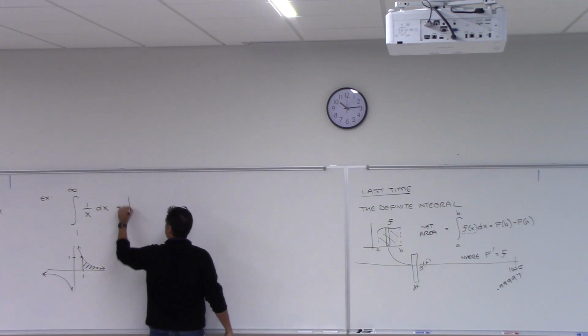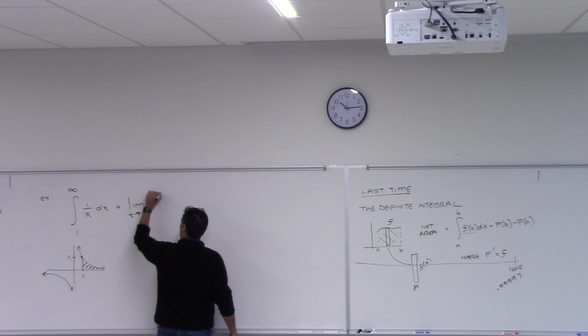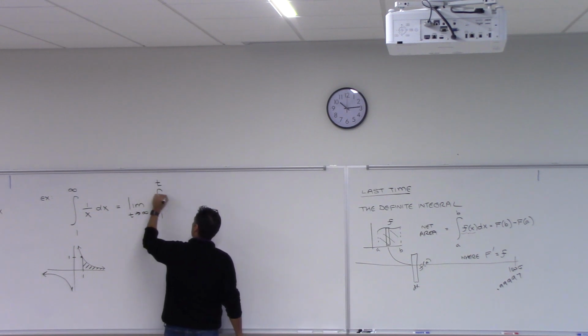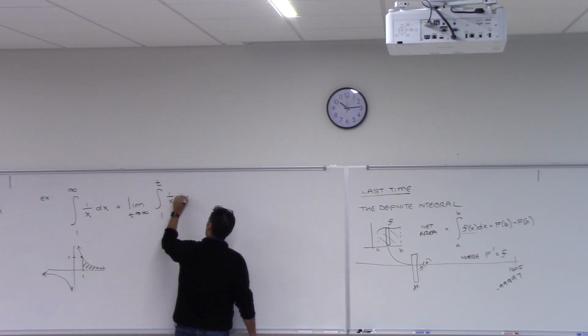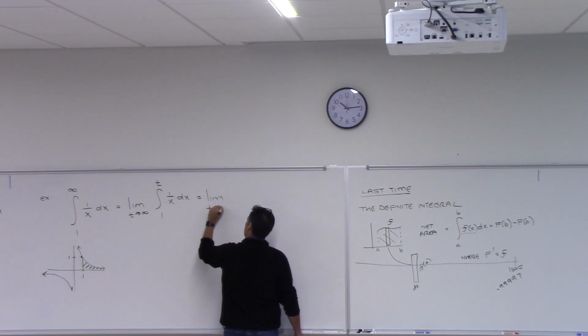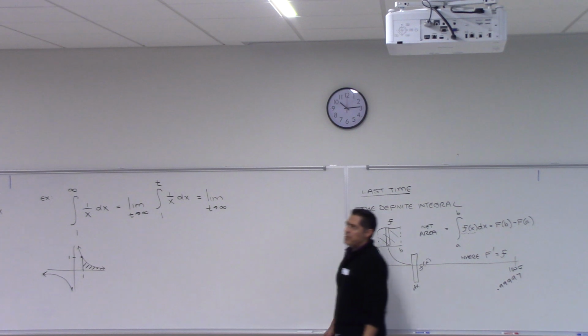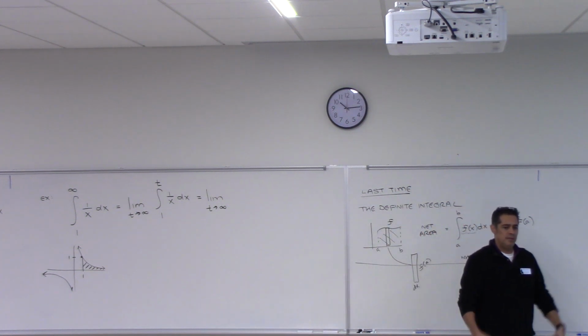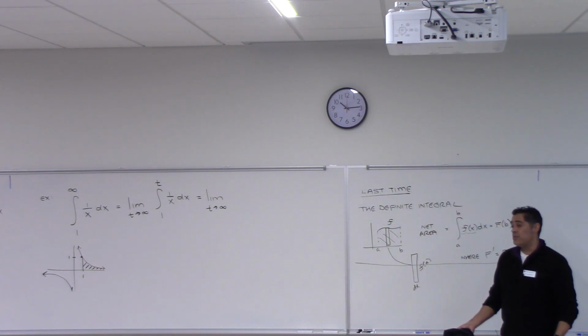Okay, limit as t goes to infinity of the integral from 1 to t of 1 over x dx, which equals, I do the limit again, t goes to infinity. Okay, what is the antiderivative of 1 over x? Natural log of the absolute value of x, right?